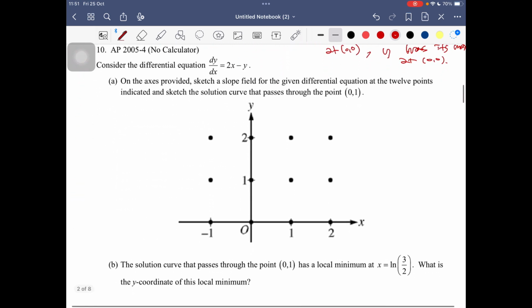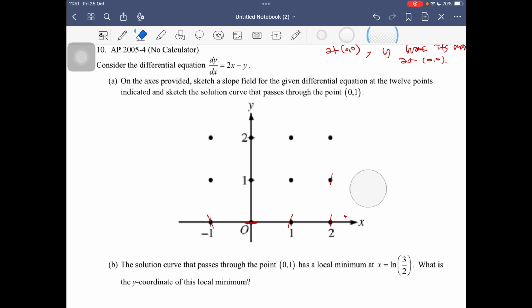Number 10. The differential equation dy/dx = 2x - y. Slope field. Okay, when y equals 0, the slopes at x = 0, 1, 2, 3, 4 are 0, 2, 4, and so on.